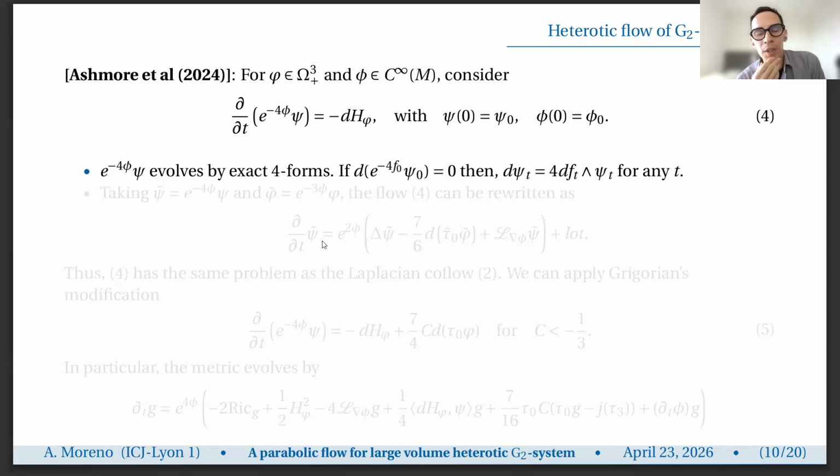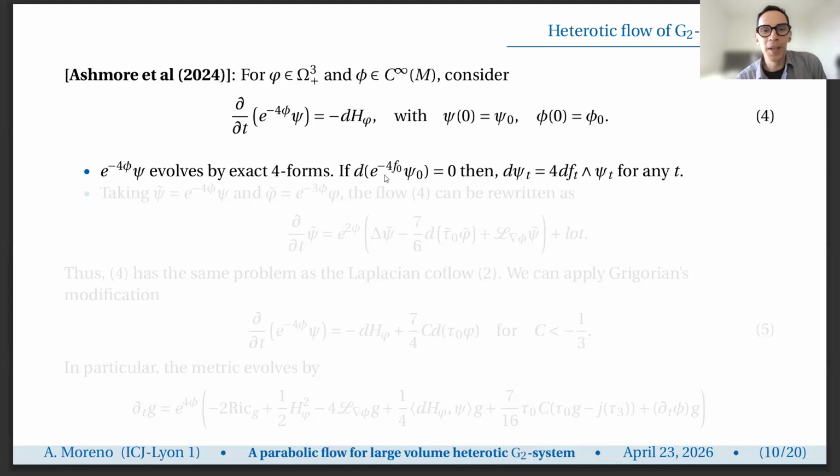So this flow evolution for psi, coupled with this function phi, was proposed by Ashmore, Minasian, and Proto. This phi should be a little phi, but it was a typo.